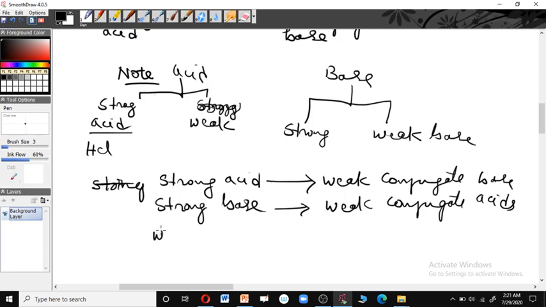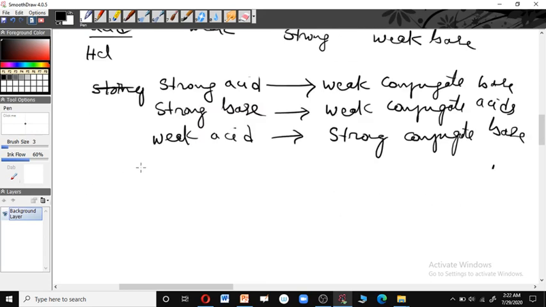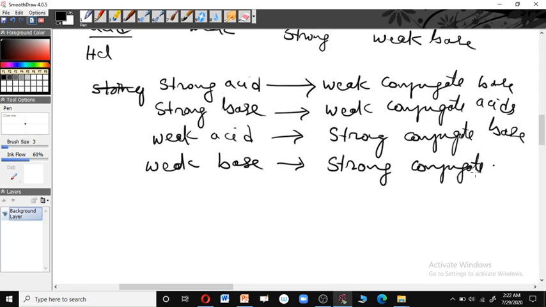Similarly, a weak acid will give a strong conjugate base, and a weak base will give a strong conjugate acid.